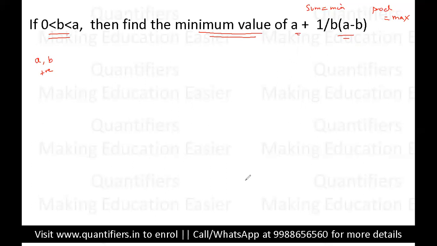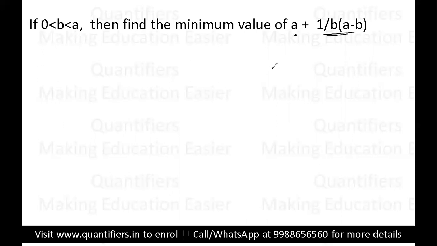Now see, what is the problem here if I apply AM-GM property? The main problem is, students, if you apply AM-GM property, if you find geometric mean of this term and this term, there are two terms basically, the problem is you are not going to get a constant value, right?